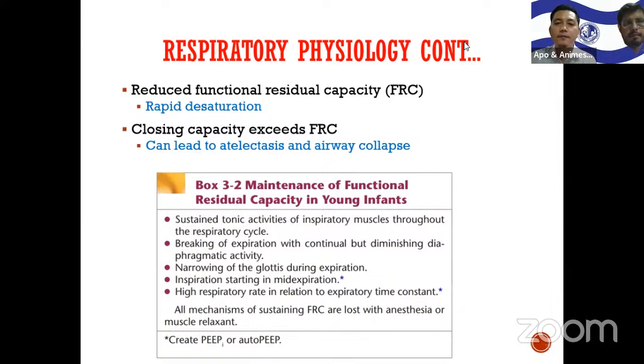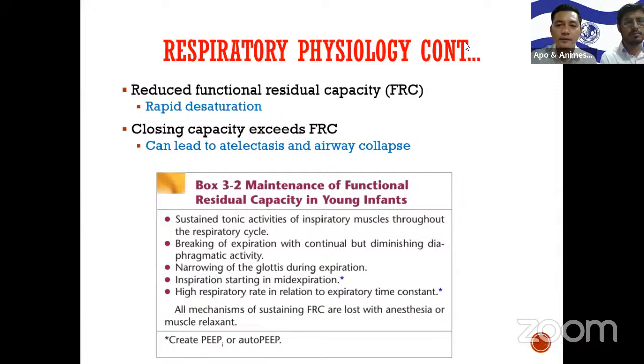The maintenance of the functional residual capacity in young infants is achieved by sustained tonic activity of inspiratory muscles throughout the respiratory cycle, the braking of expiration with continual but diminishing diaphragmatic activity, narrowing of the glottis during expiration, inspiration starting before the end of the expiratory period, and the high respiratory rate in relation to the expiratory time constant.